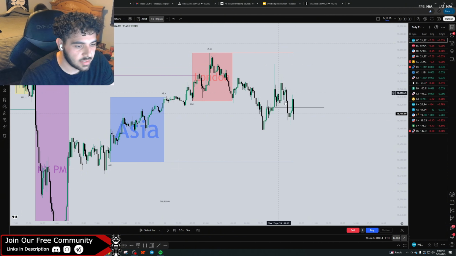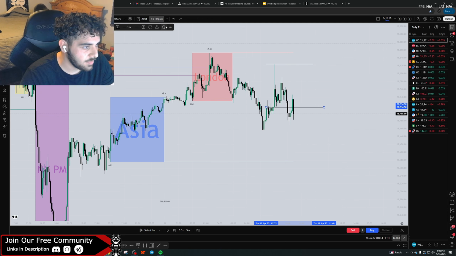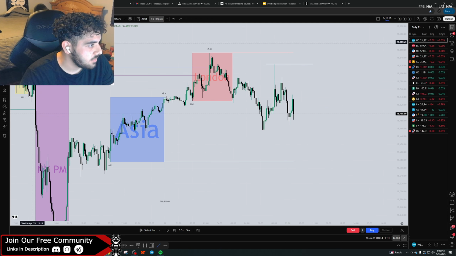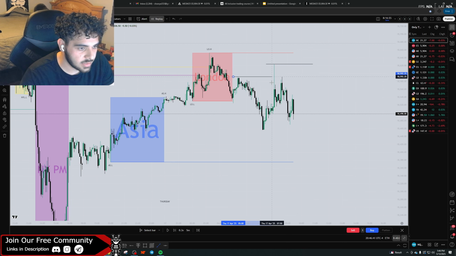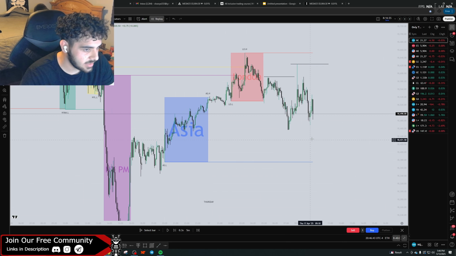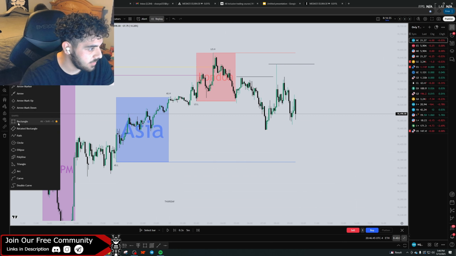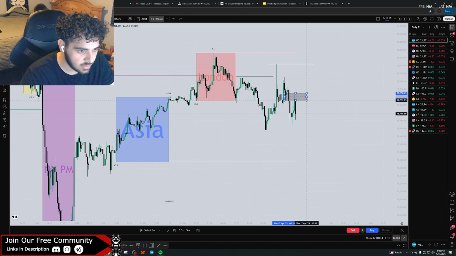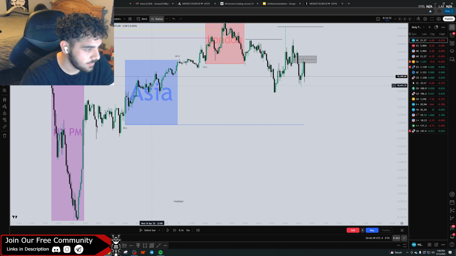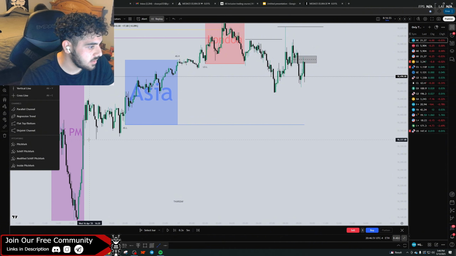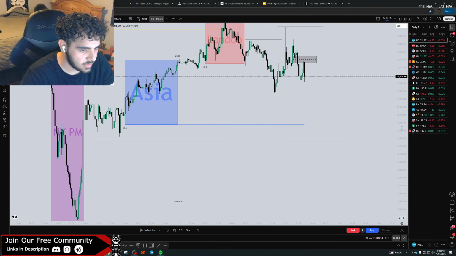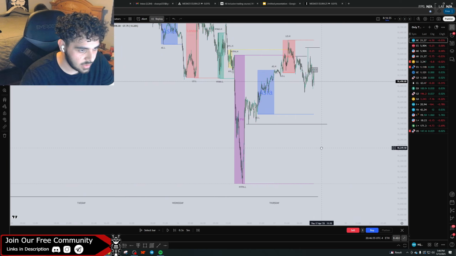So I would be targeting both sides, depending on which side it swept. But in this scenario, because it came up and took these highs, price is clearly bearish because we're respecting order flow right here. And these are the main lows that I would be focused on, at least intraday.